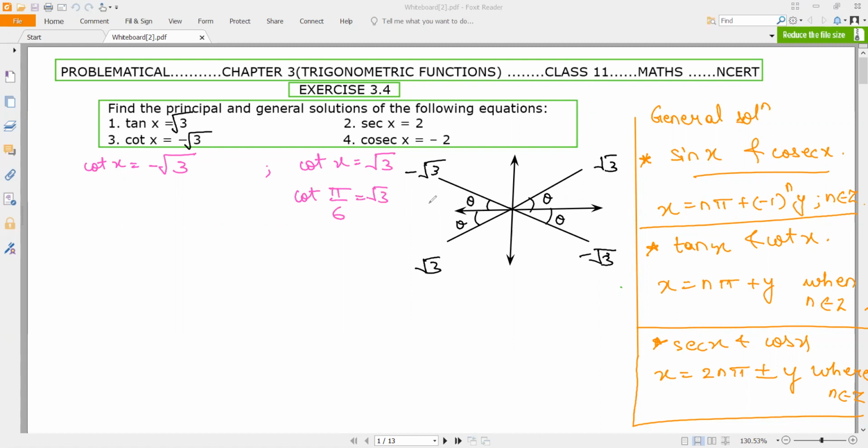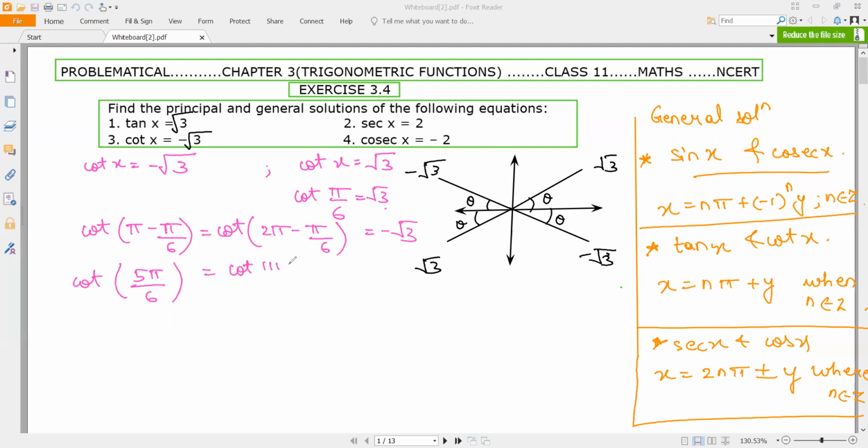Now that you have the value of theta, you can easily say that for cot, second quadrant π minus θ, which is π minus π/6, equals cot fourth quadrant 2π minus π/6 equals minus root 3. So minus root 3 for these two values means cot of 5π/6 equals cot of 11π/6. For these two x values, you have the value of minus root 3.